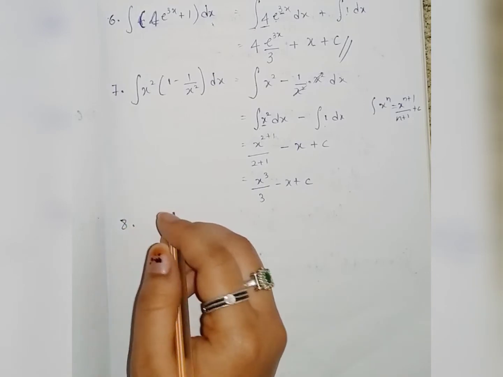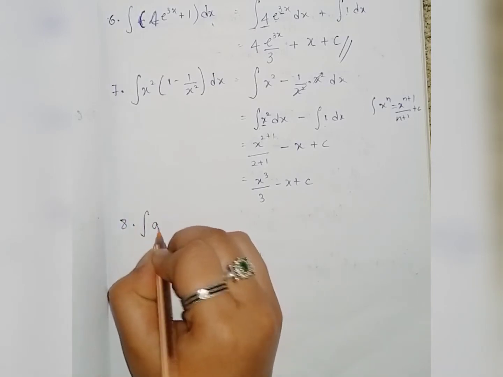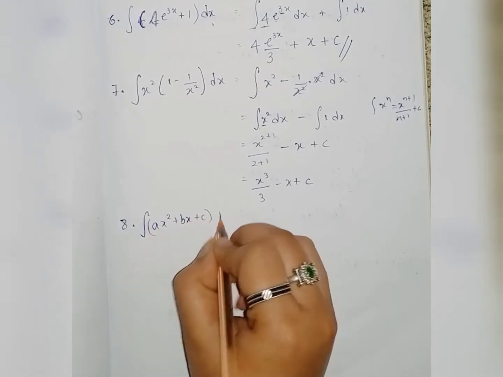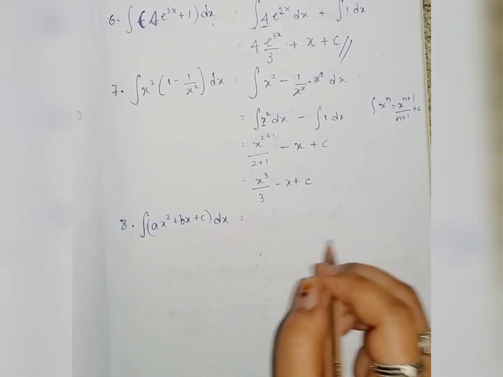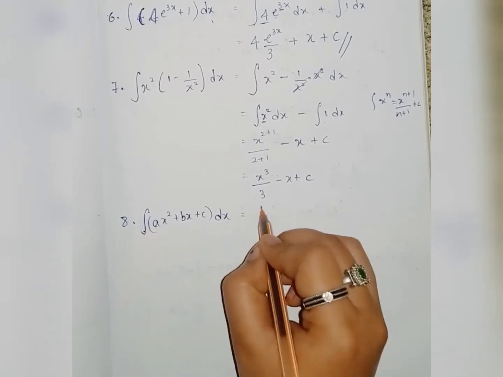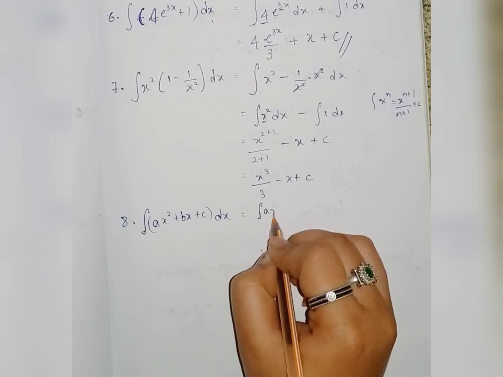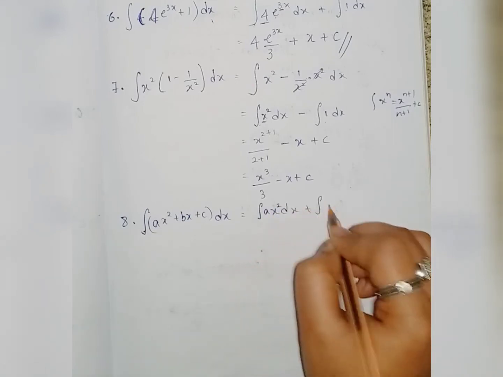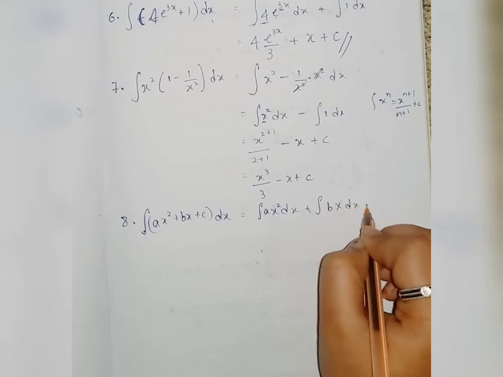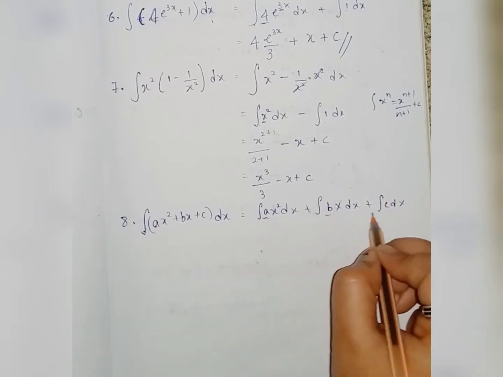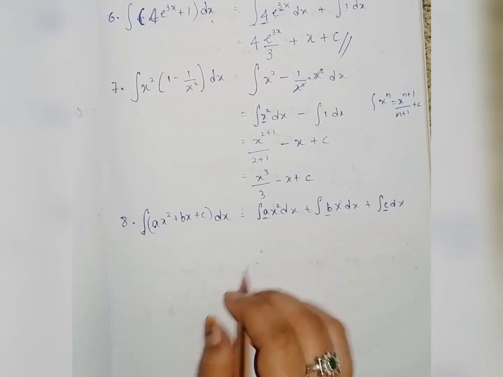And then the eighth problem, integration of ax square plus bx plus c dx. So now I'll just do it directly. Integration of ax square dx plus integration of bx dx plus integration of c dx. Here a, b, c are constants.